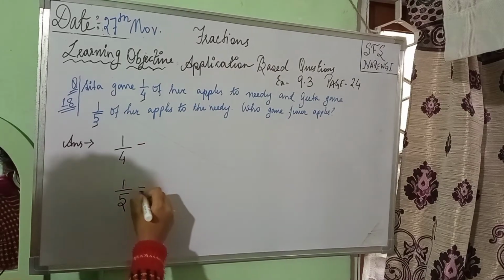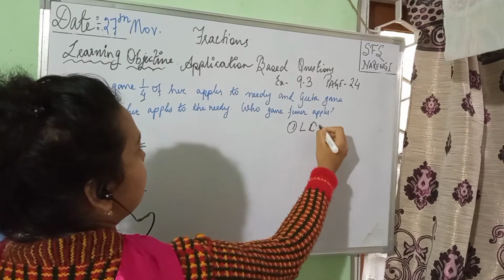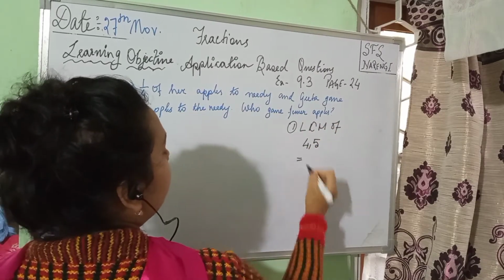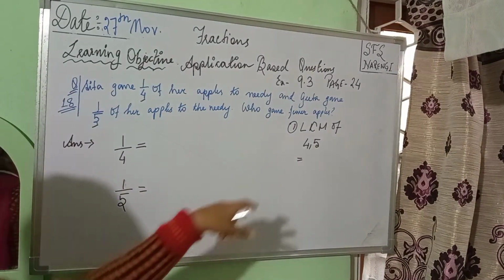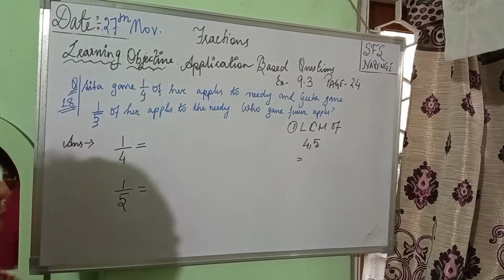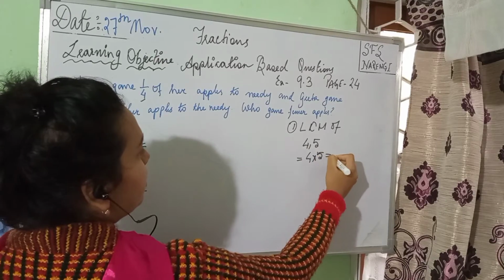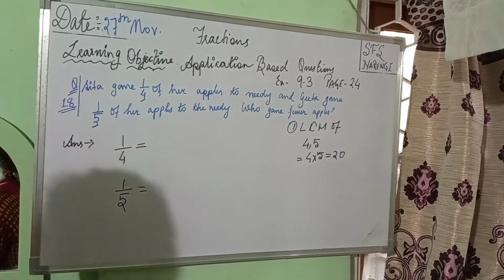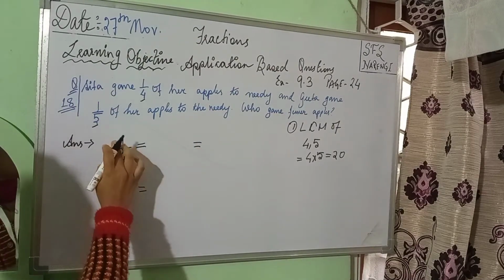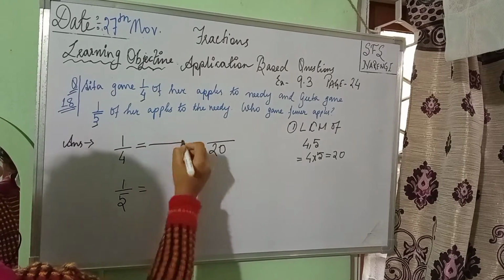Okay. So what is the first step? The first step is to take the LCM of 4, 5. Now 4 and 5, children, please note that they do not have any common factors between them, okay? So their LCM is 4 multiplied by 5 equals 20, okay? So what I have to do is I have to convert 1/4 in such a way that the denominator is 20, okay?